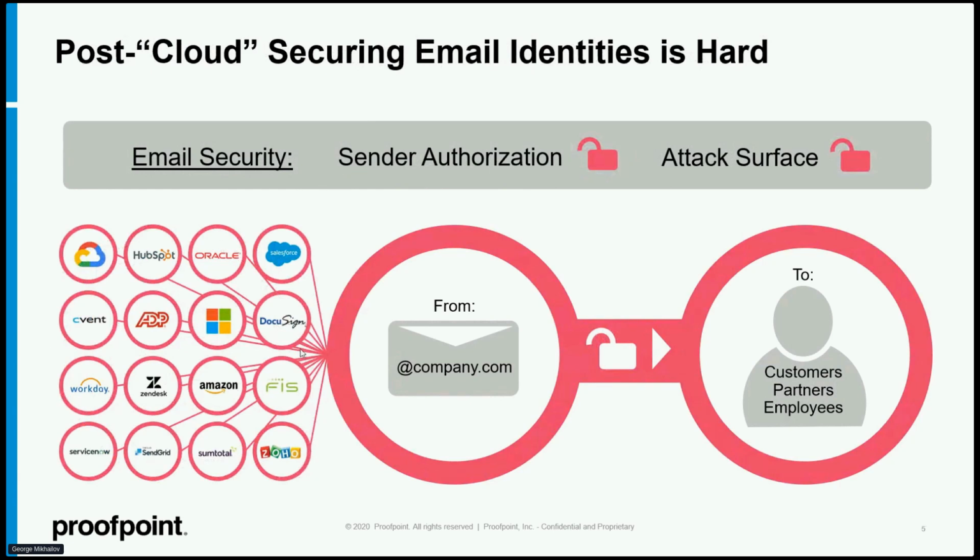Again, in today's world, when we're using cloud pretty much for everything, starting from our email communications, our CRM communications, cloud-based communication still says that it is coming from our company. So what do we do to make sure those emails, the emails that are legitimate, are getting to our customers?